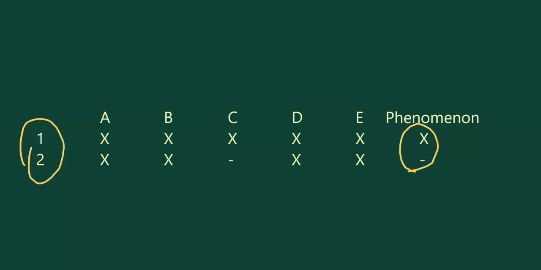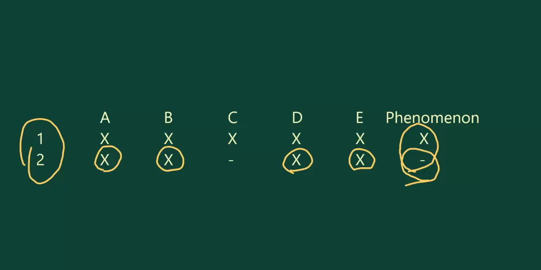And because the method of difference looks for sufficient conditions, what we do is we look to see when the phenomenon doesn't occur, yet when our other conditions do occur.